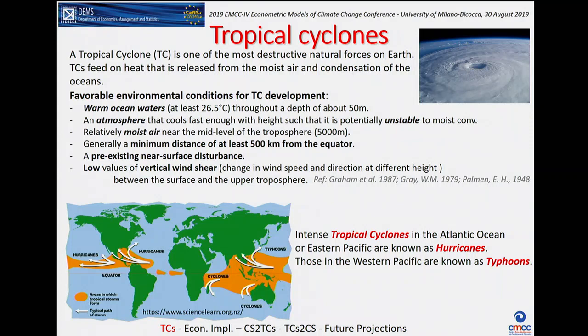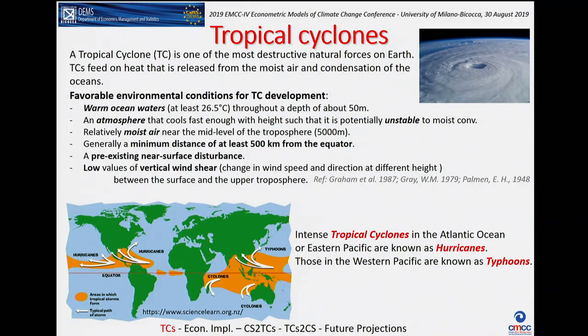We need to be a little bit higher, a few thousand kilometers north or south of the equator, to have the development of this structure that starts to rotate and to get energy from the ocean.